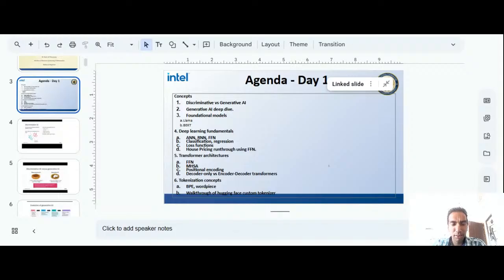Why is generative AI needed? What impact is it creating on society?